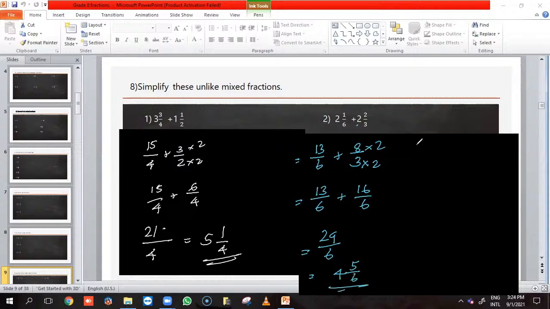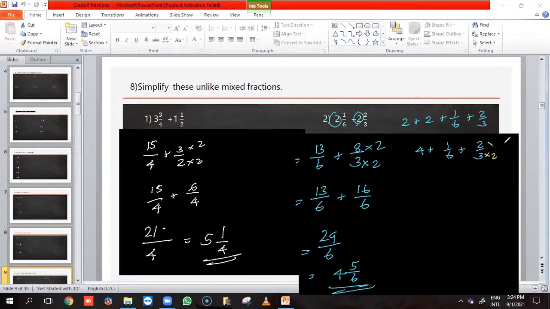The other method also I will follow for you, because you are still studying, so you must learn that one. Then add the whole number parts. 2 plus 2 plus 1 over 6 plus 2 over 3. 4 plus 1 over 6 plus 2 over 3. Then you also want to convert this to a common denominator.